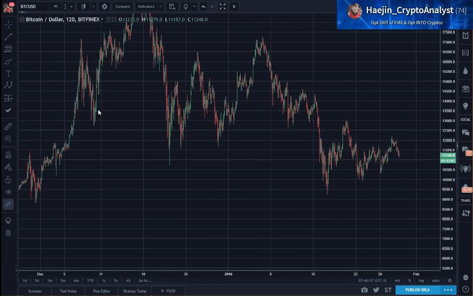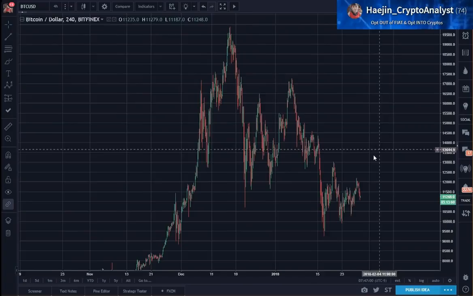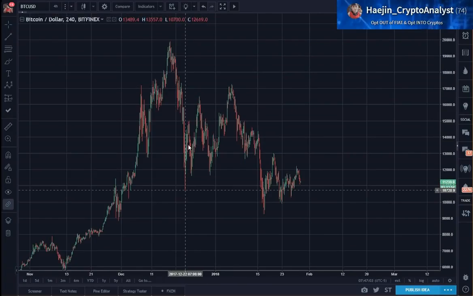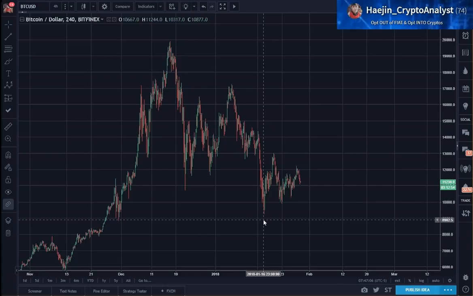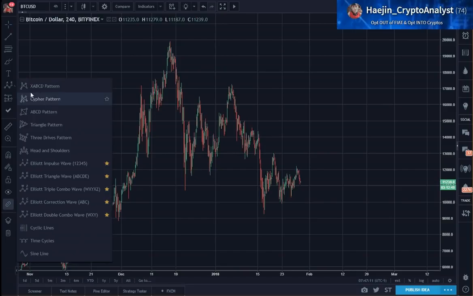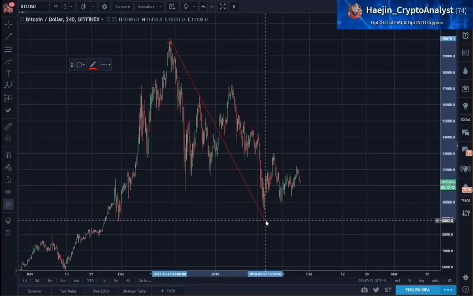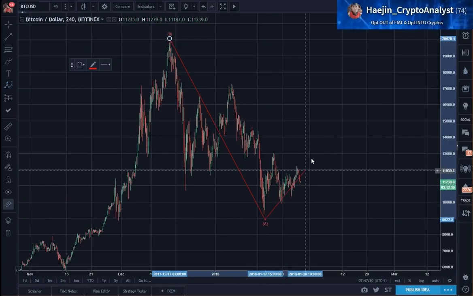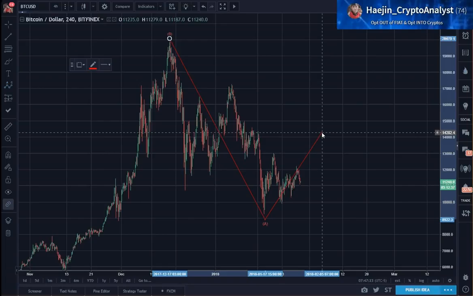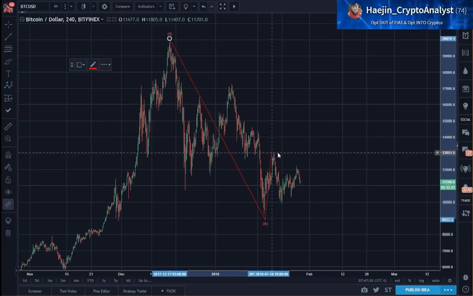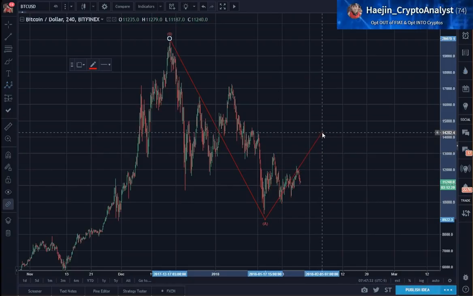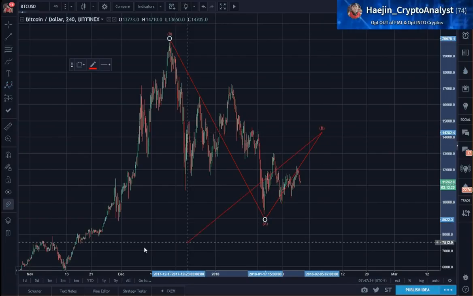The other thing to understand is if this is A, B, C of an A, in other words, if we finished a very large A and we're on an A, B, C to maybe 14,000 or so, it has to be higher than A. And then we make it down to 7,600 or so.